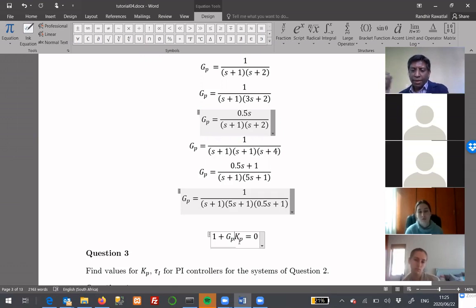So we don't want S values with positive real parts. We don't want S values with very strong imaginary parts because those give us strong oscillations. So we want to change the way this process operates so that the S roots we get are nice and well behaved, right? And we do that through Kp.